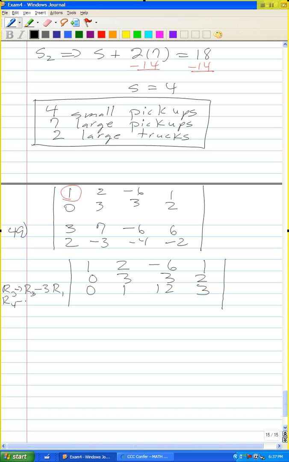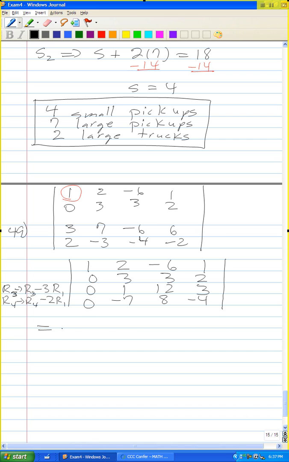Take R4, subtract from it 2 times R1. 2 minus 2, 0. -4 minus 3, -7. 12 minus 4, 8. -2 minus 2, -4. Okay, and so I can do a cofactor expansion on this.